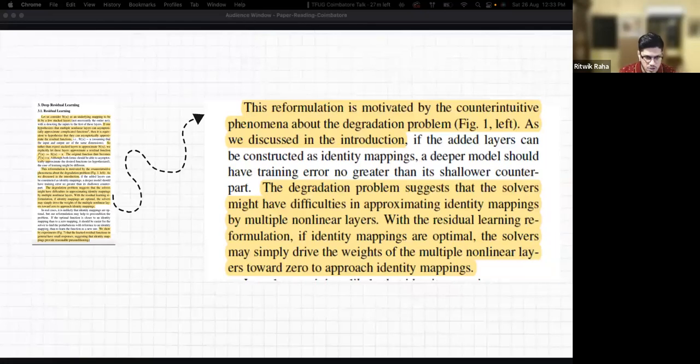If it's not able to retain the original information, and it's progressively extracting features at each layer, it is possibly doing a very bad job. So deep residual learning can help us solve this degradation problem.